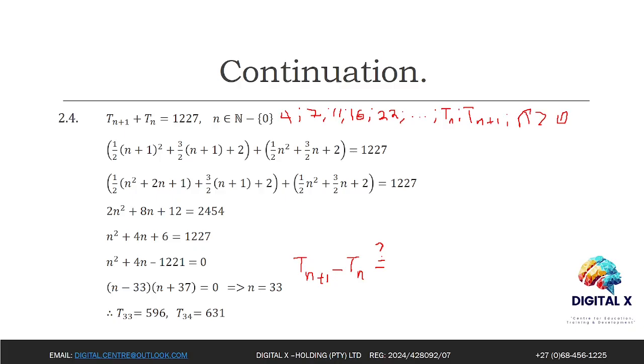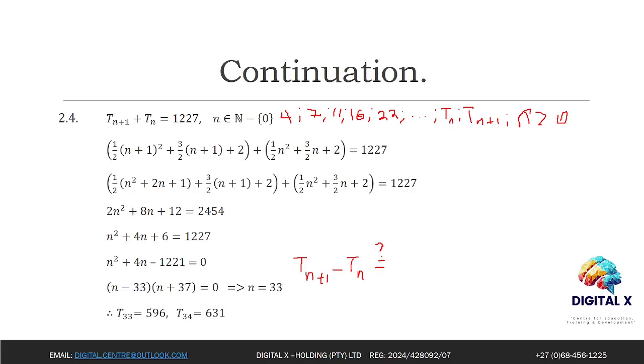So we know that t at 33 is 596, and t at 34 is 600. So when you add 596 to 631, it should give you 1227. But what we are requested to do is to calculate the difference between t subscript n plus 1 and t subscript n.